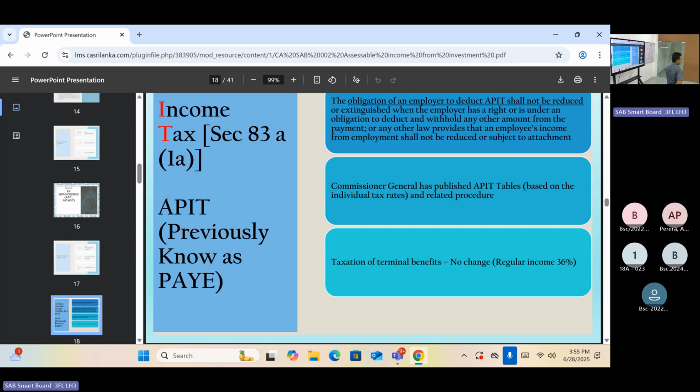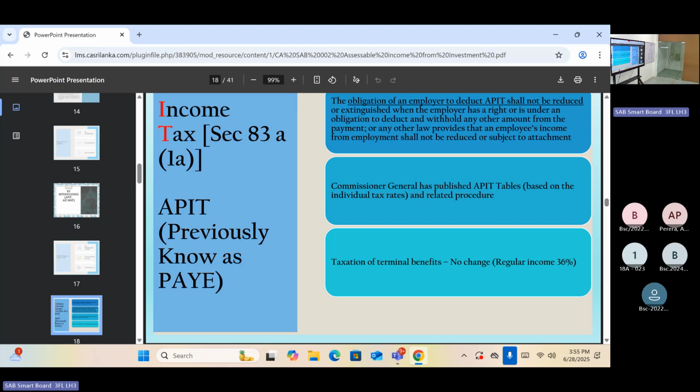Any other benefit, such as paying insurance, paying utility bills, or any reimbursement of private expenditure, 100% of the total value should be recognized. But in the case of a prepaid telephone bill, we recognize only 50% of the bill amount as employment benefit. In the case of a staff loan, if the loan is under a scheme uniform for all staff, then we do not recognize a benefit.